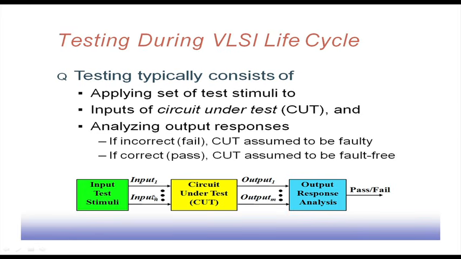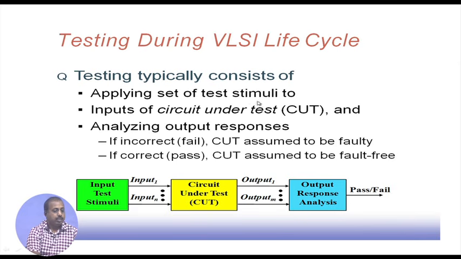So to test for all the faults, we need to have a set of stimuli, and all of them are to be applied. Depending upon the type of fault that we are going to detect, this stimuli part will also change. The stimuli will depend on how they can excite those faults.